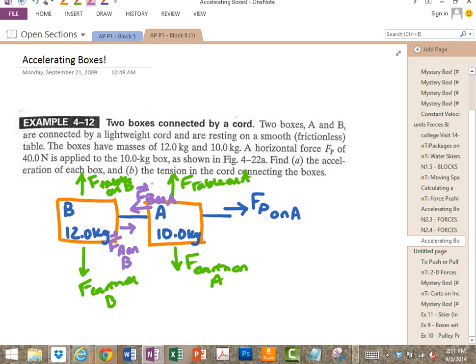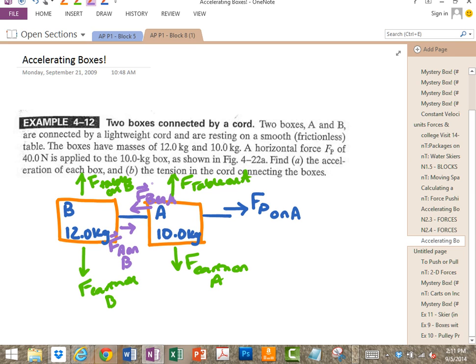Are both of these forces included in either one's net force? F of B on A is included in A's, and F of A on B is included in B's?